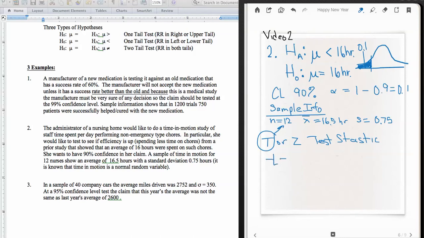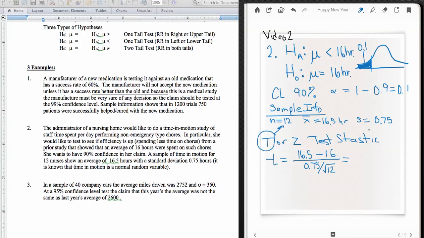I write t equals my sample mean, 16.5, then subtract the mean of 16, then divide by the standard deviation of 0.75, and then divide by the square root of the sample size, which is 12. Then I'm going to get my t out of that.